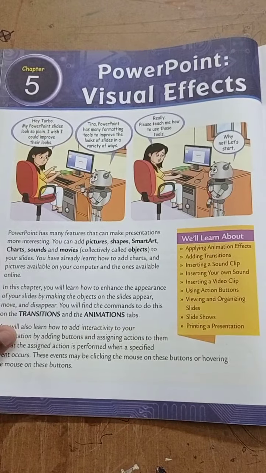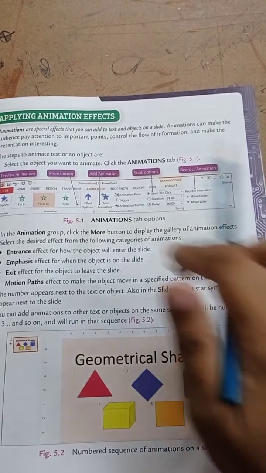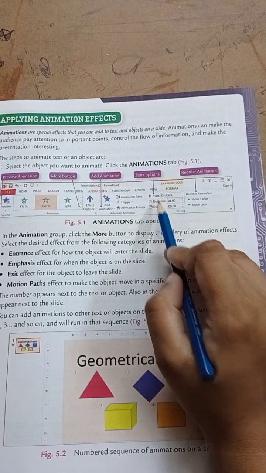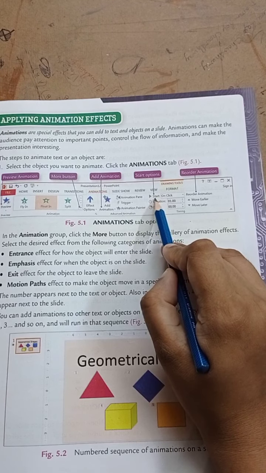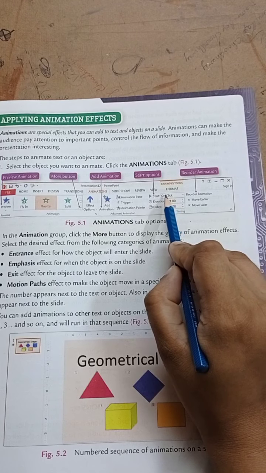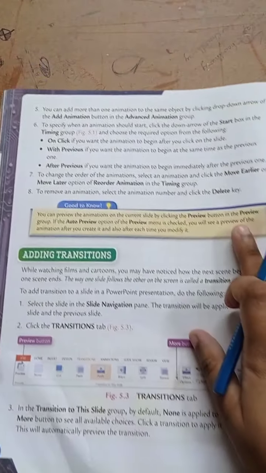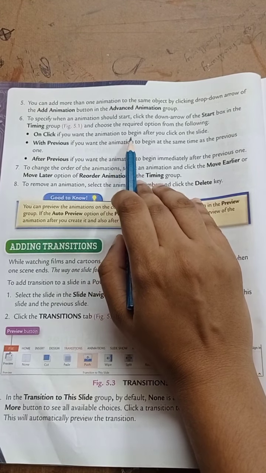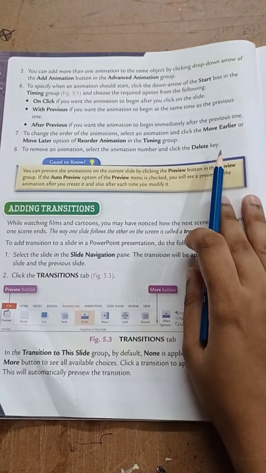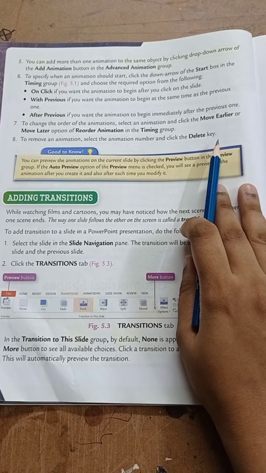Here you can see that this is the start option in the advanced animation group, and here you can choose on click. The on click option is used when you want the animation to begin after you click on the slide.